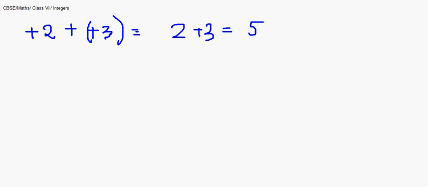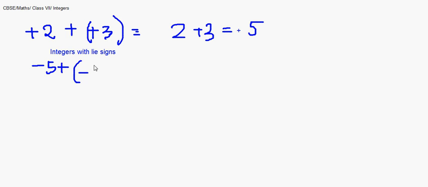This is when you have integers with like signs. Because the common symbol here is plus, the answer can be written as plus as well, or it is implied even if I simply write a 5. I forgot to tell you, if you have like signs, you might come across two negative numbers as well.